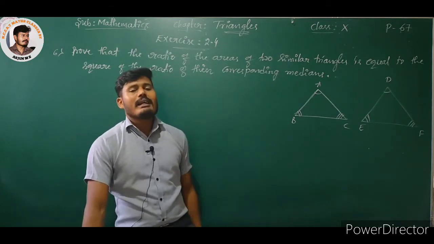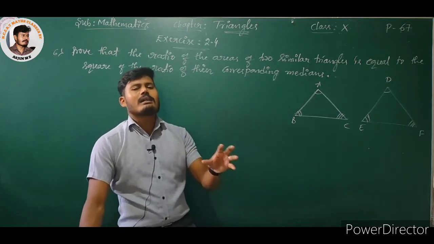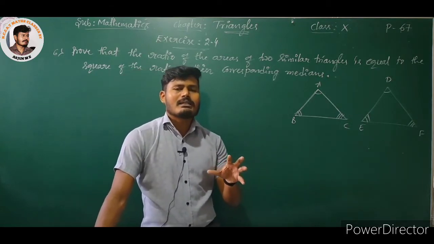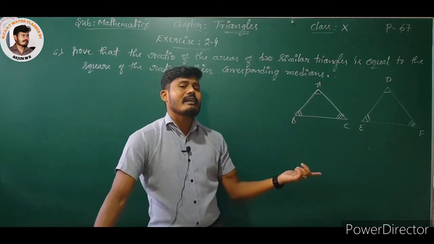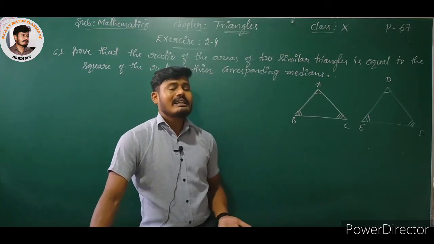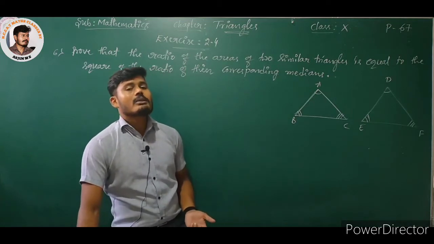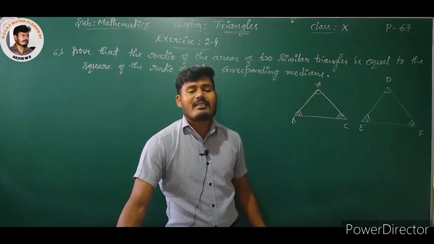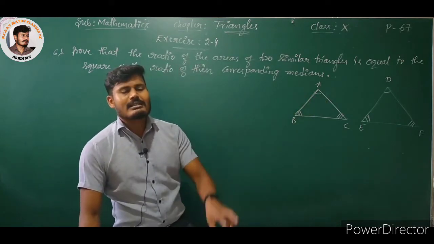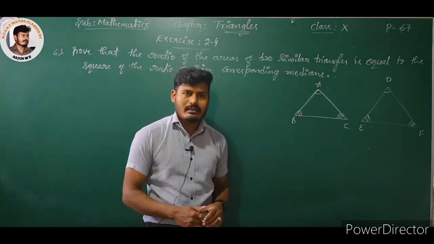The definition of a median: it is not an altitude. Altitude is different and median is different. A median is a line drawn from the top vertex of the triangle to the midpoint of the base of the triangle. That line is called the median.